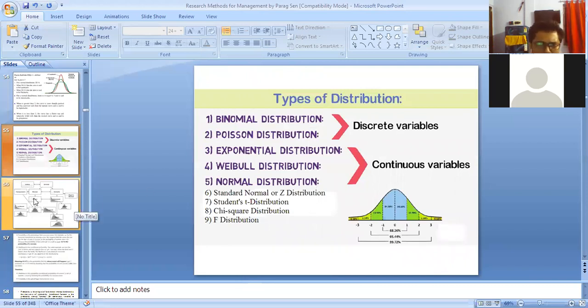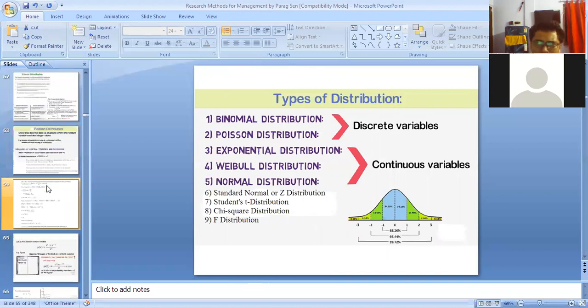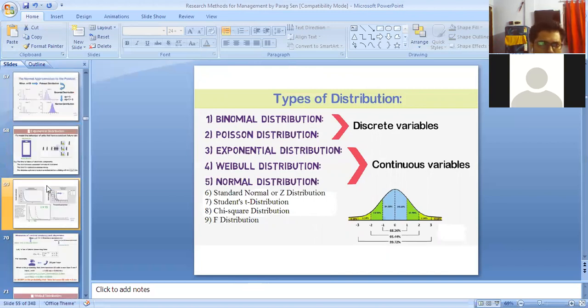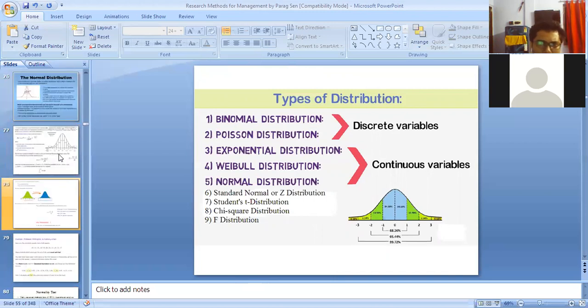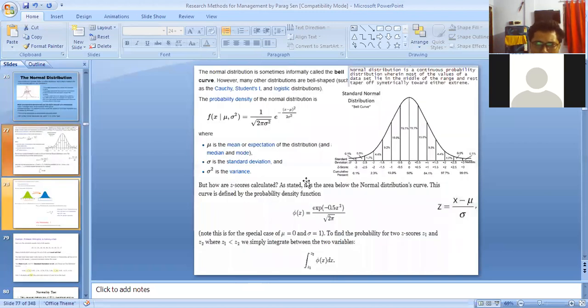So for example, if you consider the normal distribution, what is the likelihood function? It is given as this. Why is this the likelihood function?